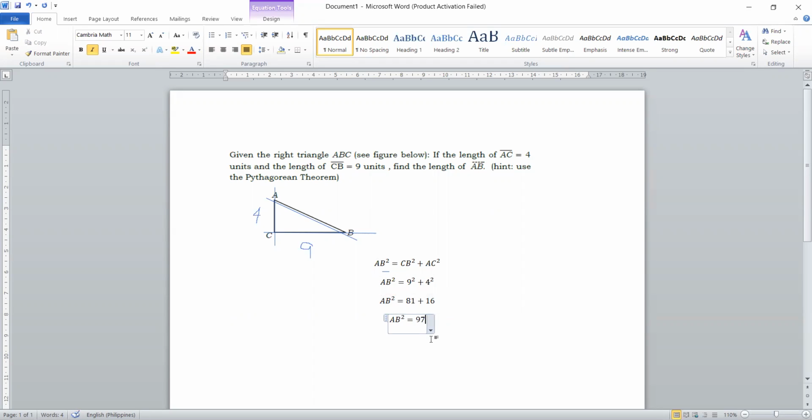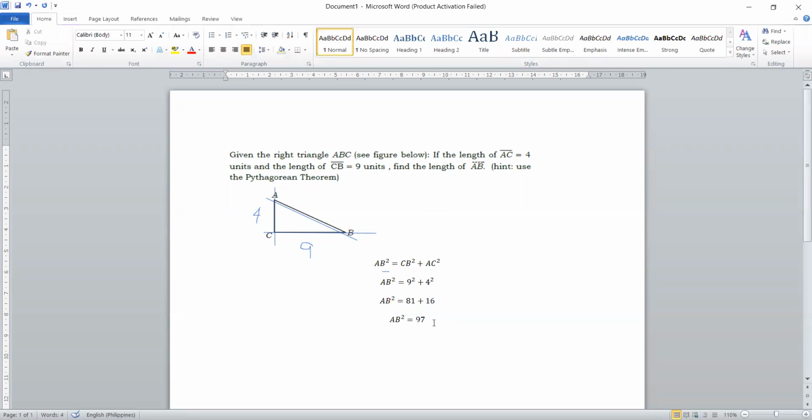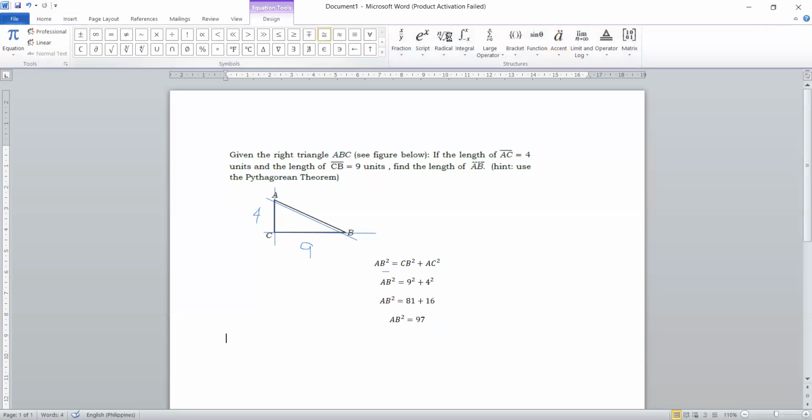So taking the square root of both sides, we should have here the square root of AB squared is equal to the square root of 97.